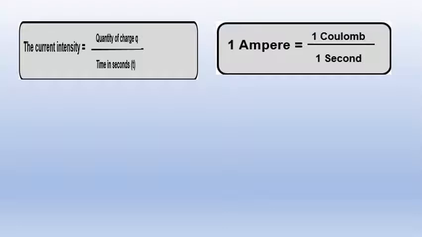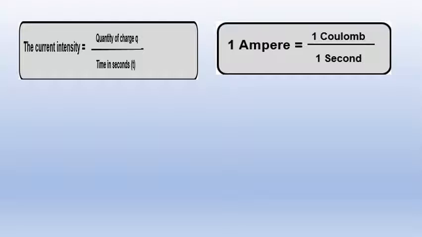So I will start my definition, number 1, by: it is a quantity of electric charge that passes through a cross section of a conductor, number 2, when the electric current intensity equals 1 ampere, number 3, in 1 second.